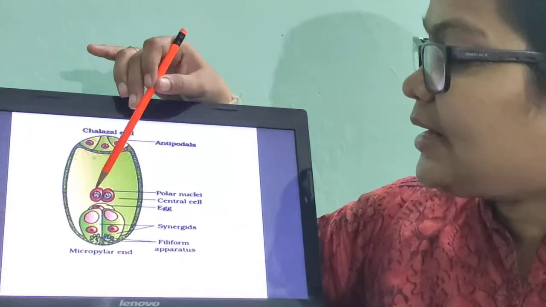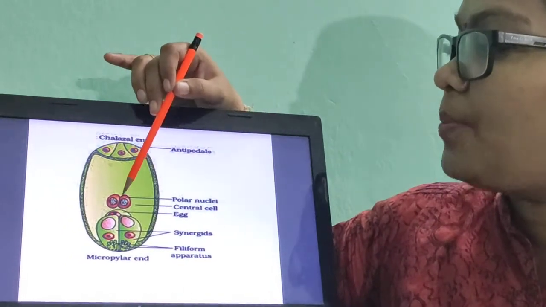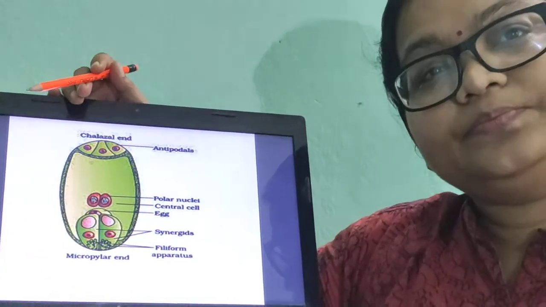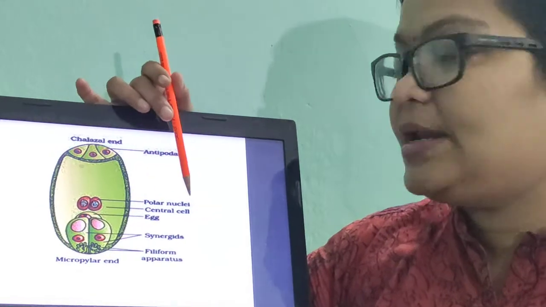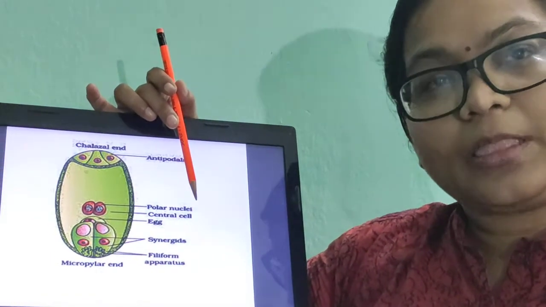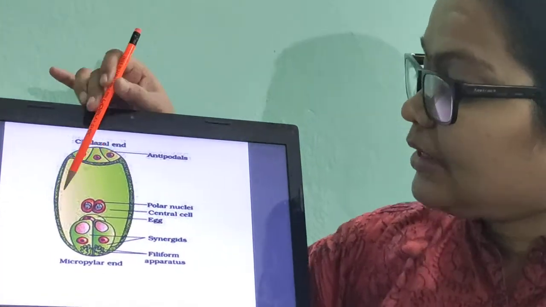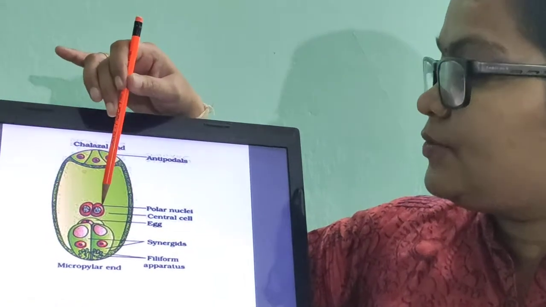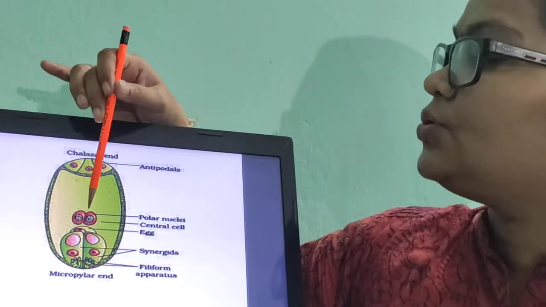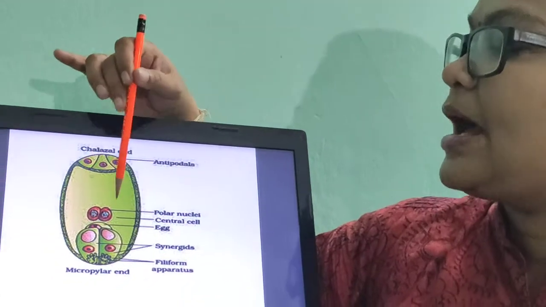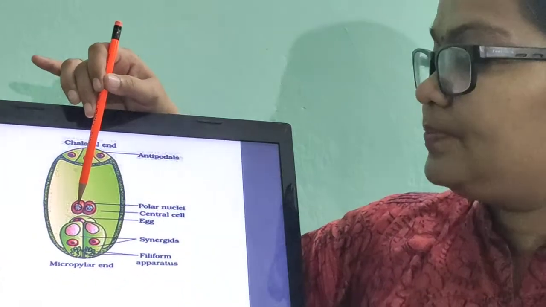This central cell consists of two haploid nuclei. That is the polar nuclei. Clear? So the central cell consists of two polar nuclei. This is a single cell having two nuclei.